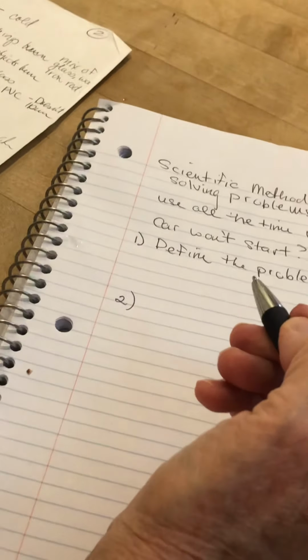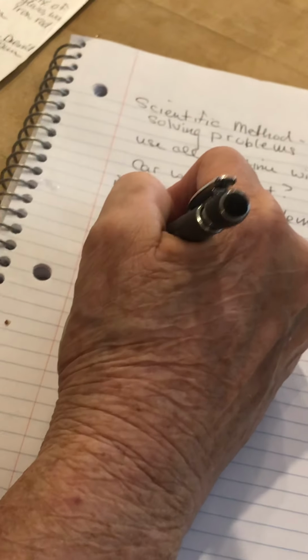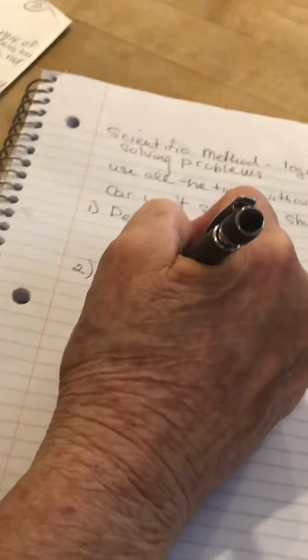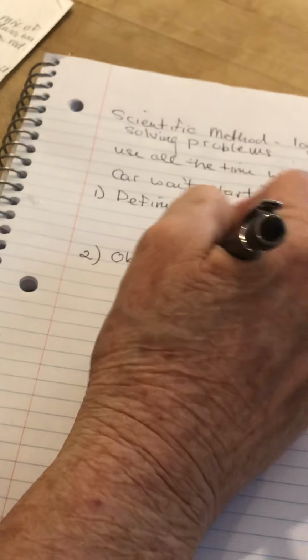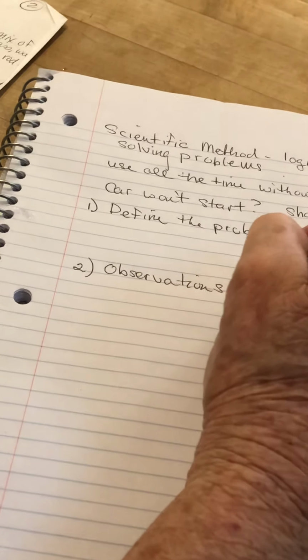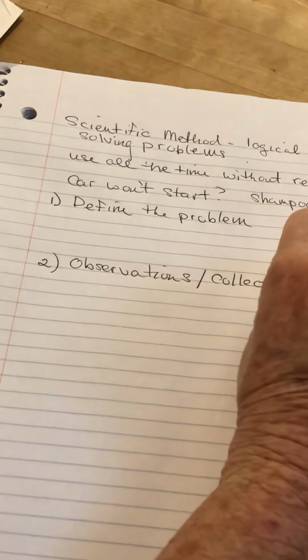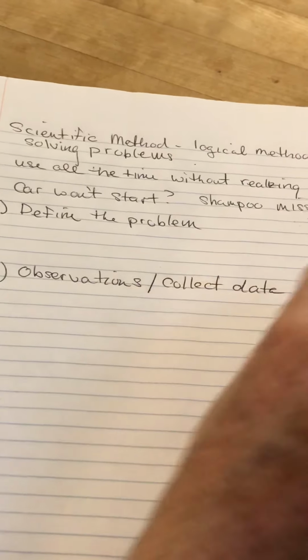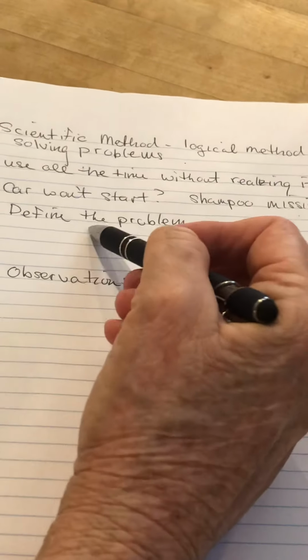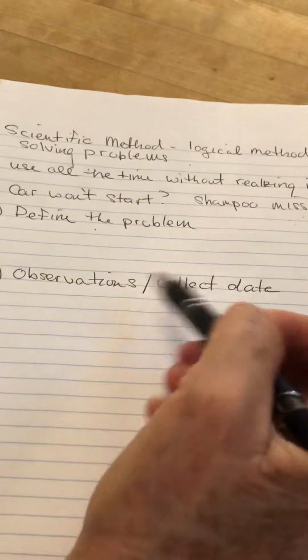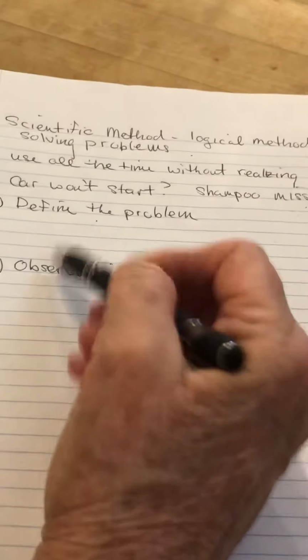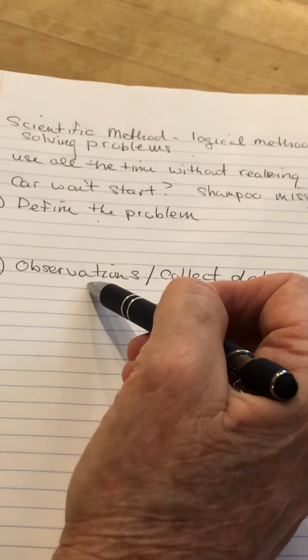The second thing you're going to do is make some observations and collect data. If you're missing the shampoo, that's defining the problem. Observations and collecting data is, first of all, look around the bathroom to see if it got misplaced.